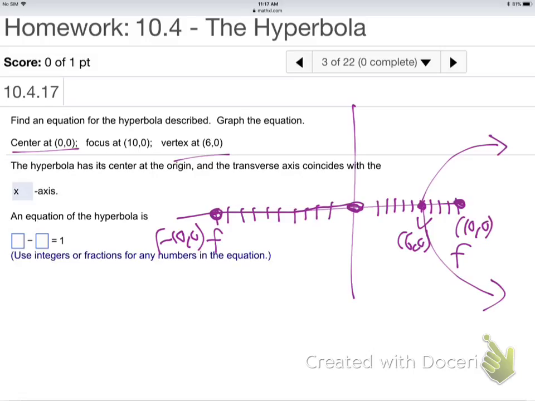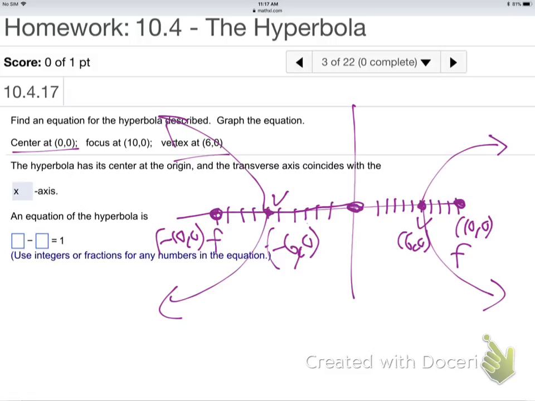And the other vertex must be back 6, going that way. Does that make sense? On the graph, the focus points are always inside the branches. The vertex points are where the branches hit. Same words we use for ellipse. The branches have just turned away instead of towards each other.